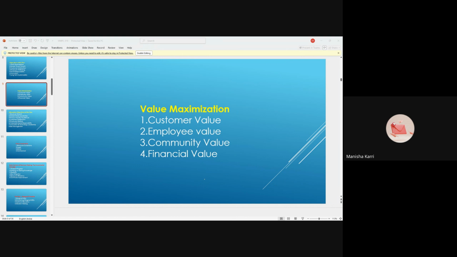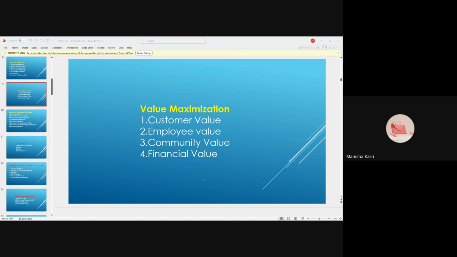And it also contributes positively to the community and the environment. In essence, value maximization takes a more holistic approach to business, recognizing that long term success is not determined solely by financial gains, but also by the firm's impact on society and its ability to create sustainable value for all the stakeholders.